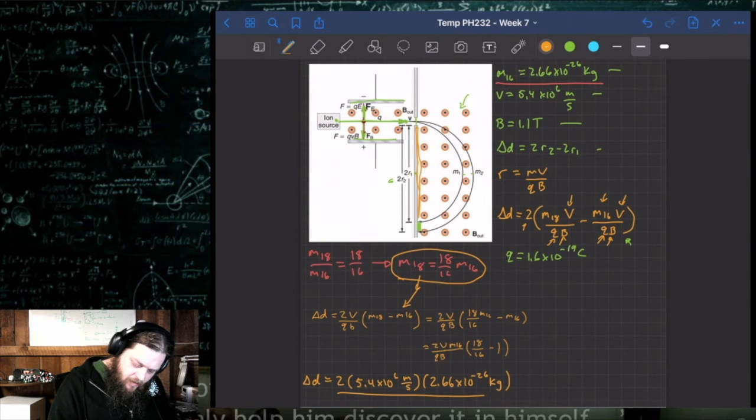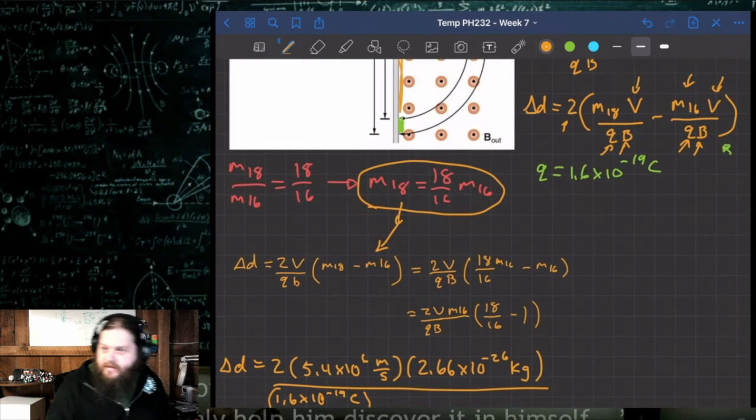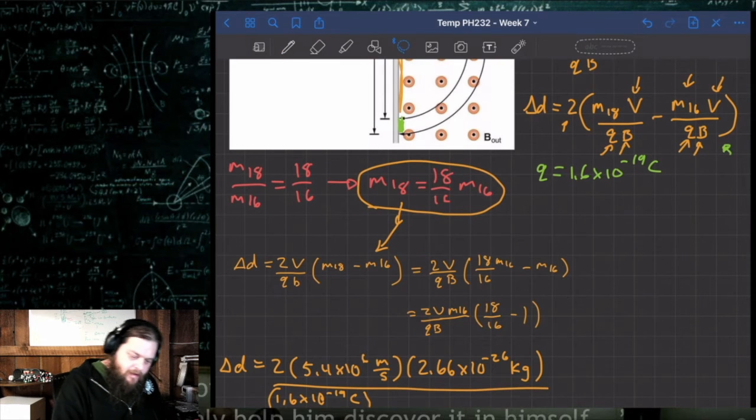We're going to divide that whole thing by 1.6 times 10 to the negative 19 coulombs. Let me zoom in so we can see that better. I know I'm right on the edge.